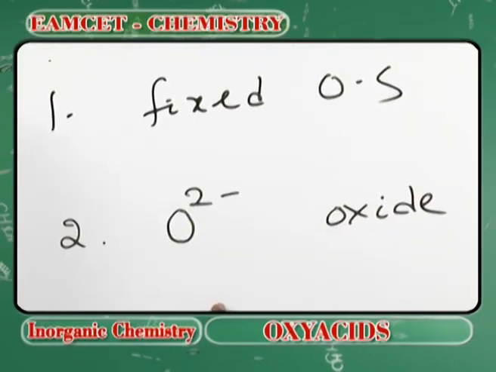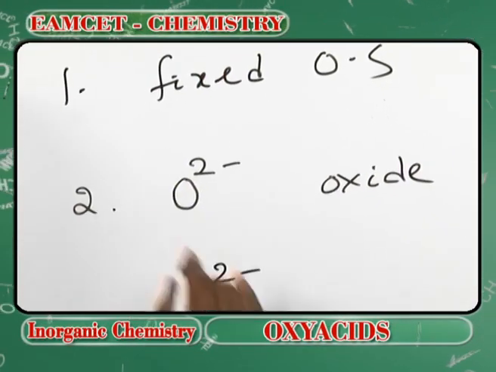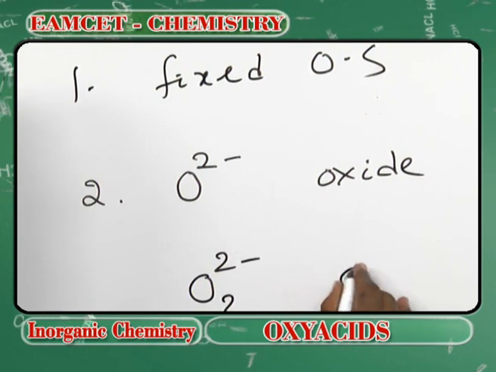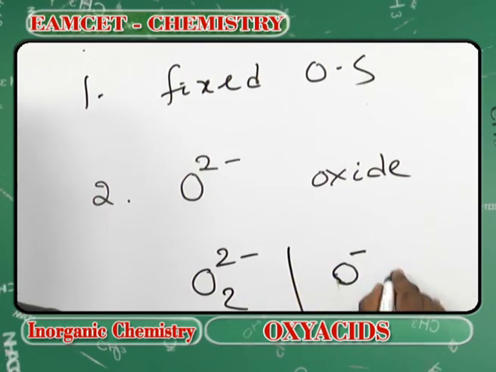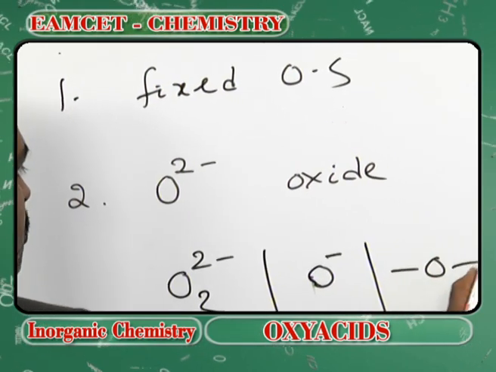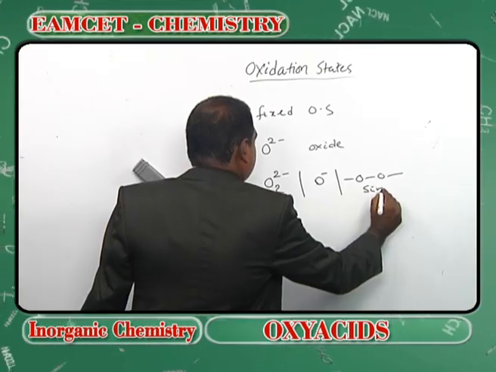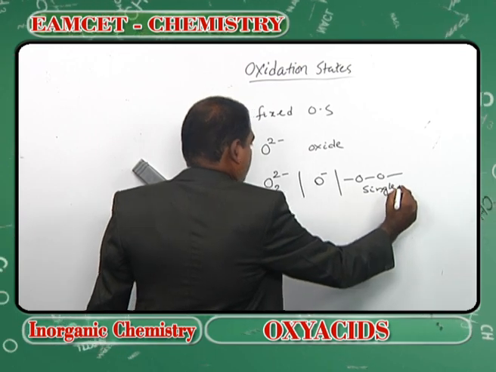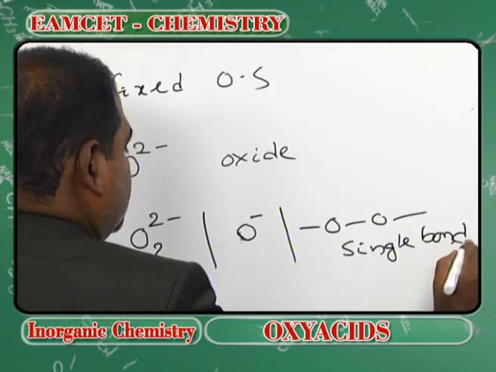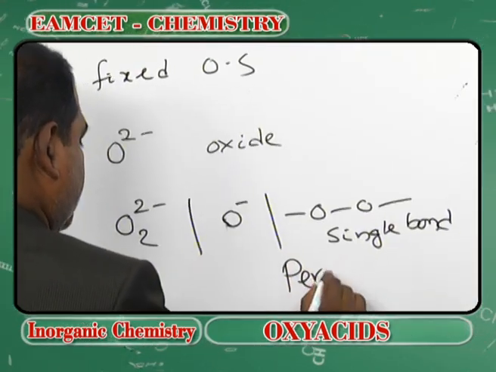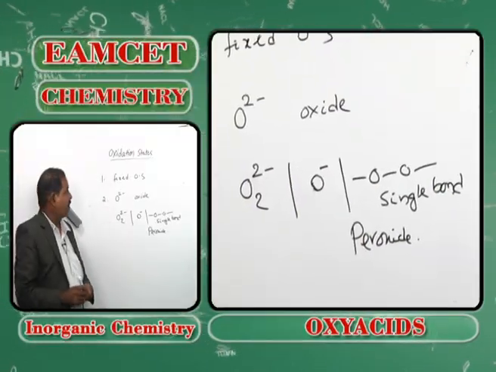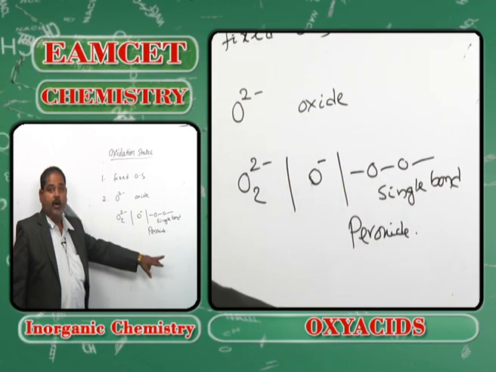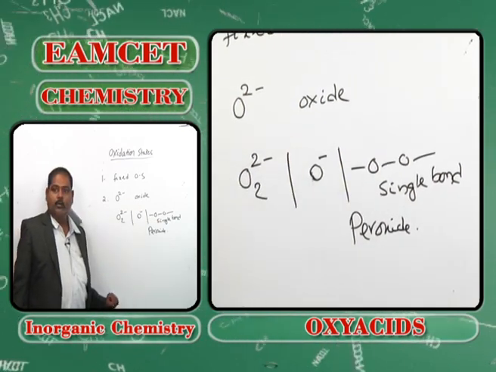O2 2-, two oxygens put together getting 2-, or one oxygen just 1-, O-, an oxygen single bond, this is called a peroxide. A substance containing an oxygen single bond is called a peroxy compound.